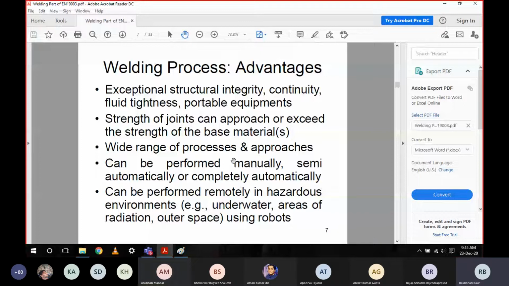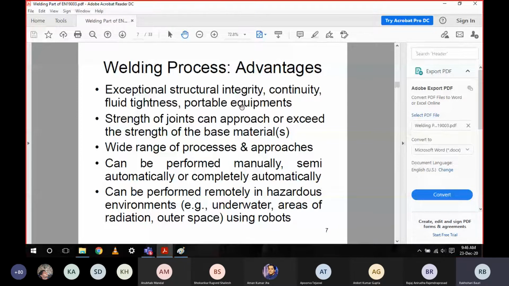Structural integrity is a technical term for a complete required or desired property of the weld. So you are getting exceptional structural integrity, which means you are getting better strength and better metallurgical properties.